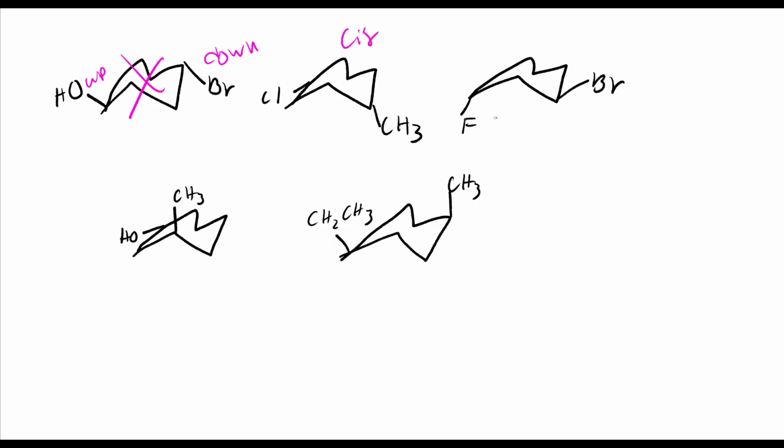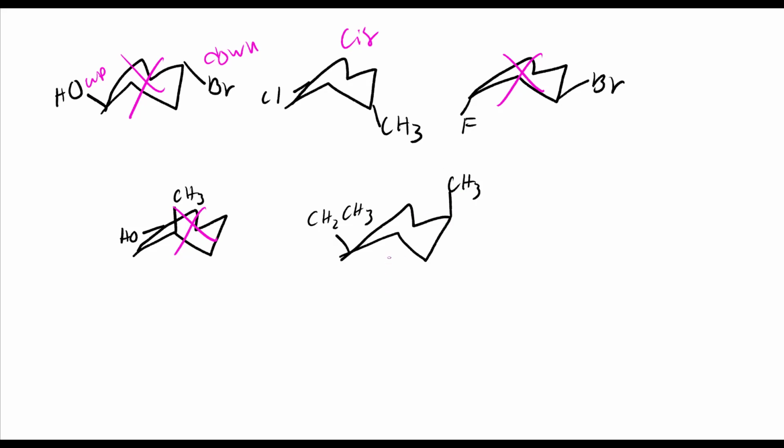Okay, we have a fluorine going downwards and a bromine going upwards. This is trans, not good. Right here we have an alcohol going downwards and then a methyl going upwards. This is trans. We don't want that for this question. Then we have, I believe, an ethyl group going upwards, and then we have a methyl group going upwards as well. However, this is not stable because they're both on the axial position.